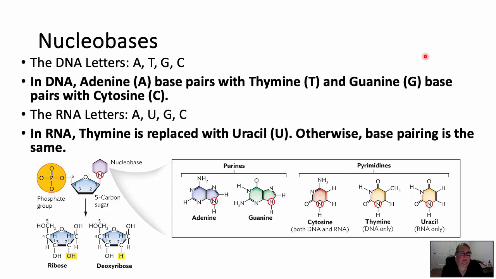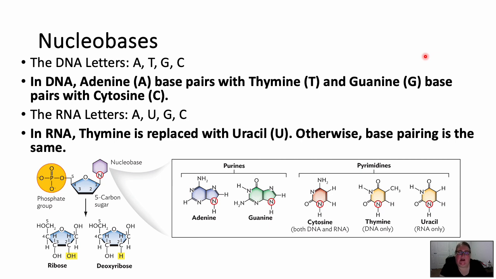Okay, so let's talk about the nucleobases. One of the other differences between DNA and RNA is the type of nucleobases that they have. So DNA contains the nucleobases adenine, which we represent with a capital A, thymine, which we represent with a capital T, guanine, which we represent with a capital G, and cytosine that we represent with a capital C. In DNA, these bases are going to pair up with each other.